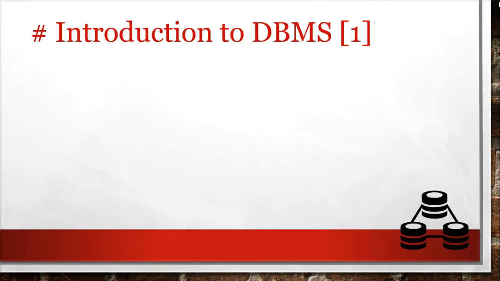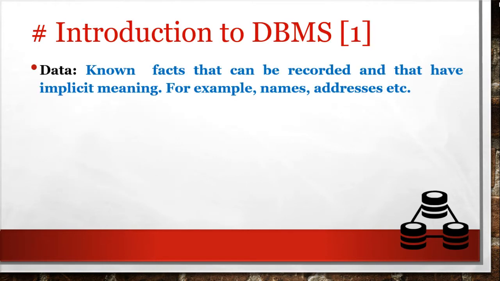Now what is the DBMS? Introduction to DBMS. For that we have to cover many definitions like data, information, database, and then we will come to the DBMS. Data is a known fact that can be recorded and has implicit meaning, for example, names, addresses, etc. They are self-defining.